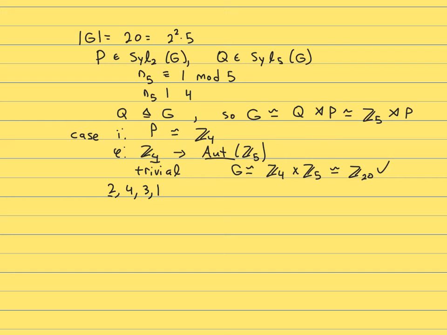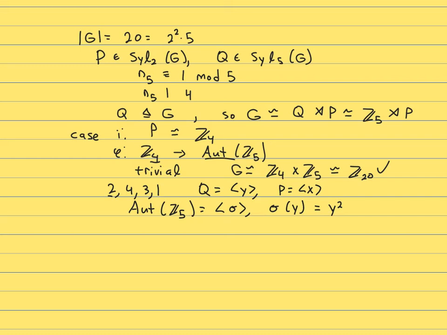So let's be slightly careful. Let's say Q is generated by Y and P is generated by X. Then the generator of Aut, we'll call it sigma, and it's given by taking Y and squaring it. And you can check that when you keep squaring multiple times, you get an automorphism of order 4.